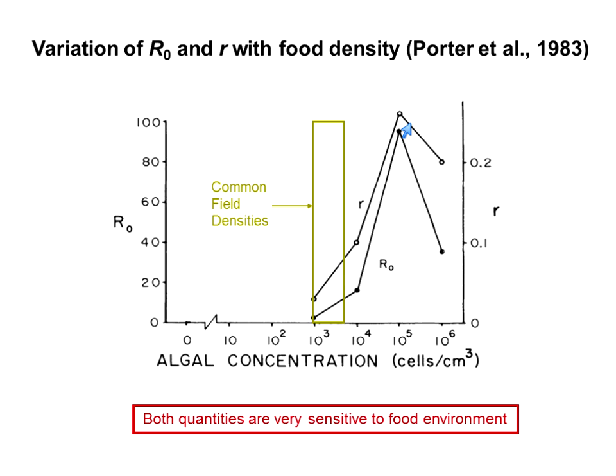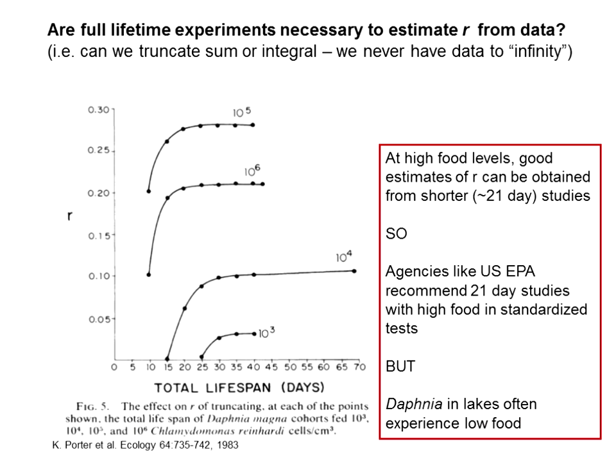And this is yet another reason why having the models is important, because there's far more data frequently in this range than in this range, and this is what we need if we want to understand natural populations. This is just an indicator of the range of edible algal concentrations that are commonly observed in, say, the clear water phase in a temperate lake.